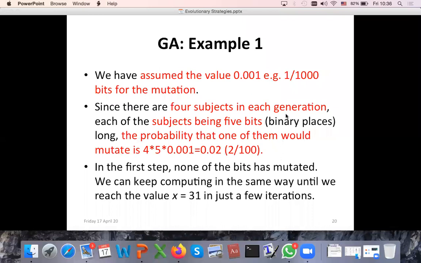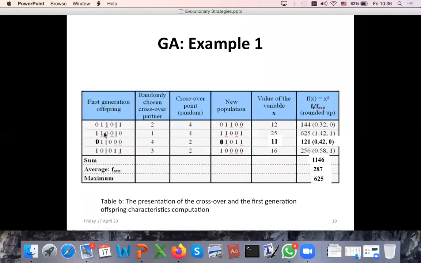So in our example, we have 1, 2, 3, 4 subjects, and each subject, or member, is taking 5 bits.